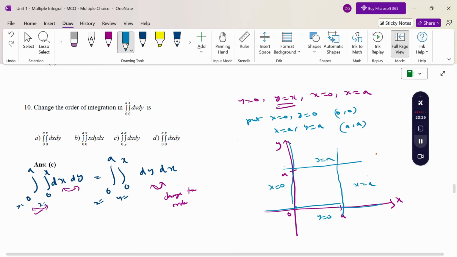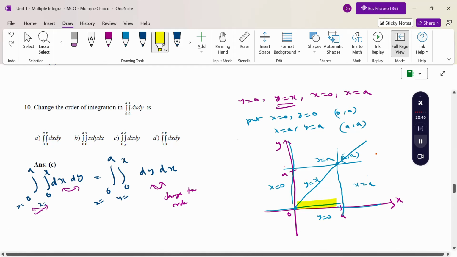Then 0 comma 0 is a point and a comma a is a point. The line moving is y equal to x, so this is an increasing line, and this is the region.